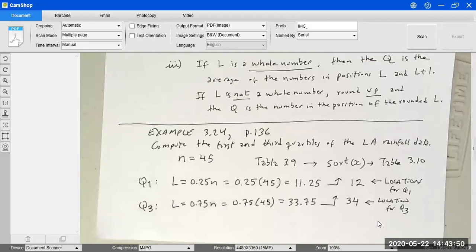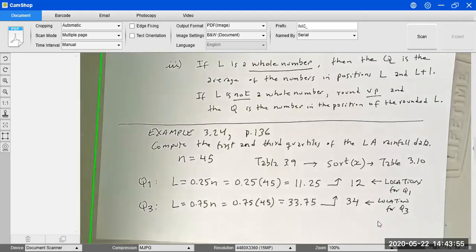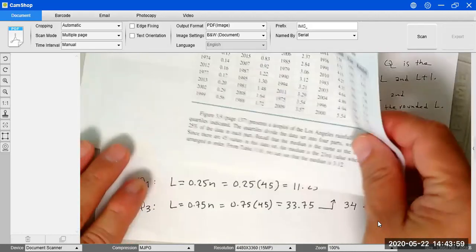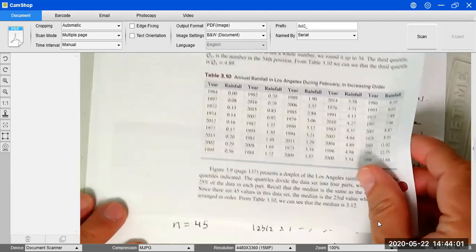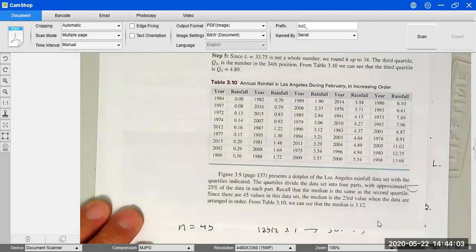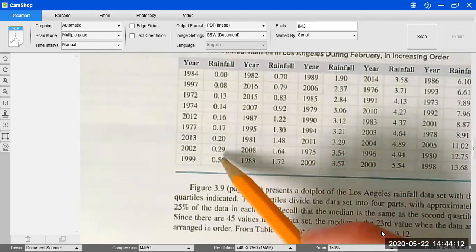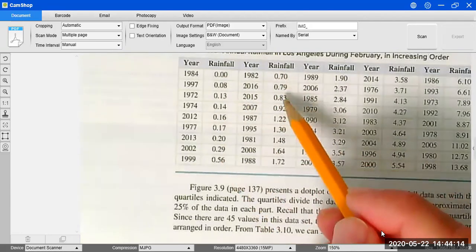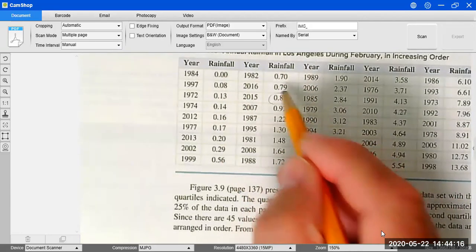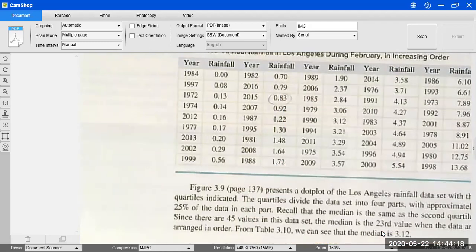Then we need to go back and count position 12 and position 34. So we have here our data set. We find position 12: 1, 2, 3, ... 9, 10, 11, 12. So this is position 12. The value that is there is 0.83.